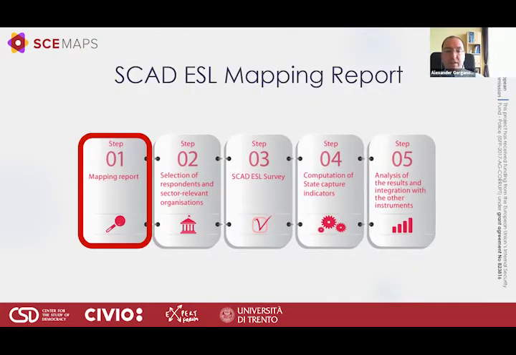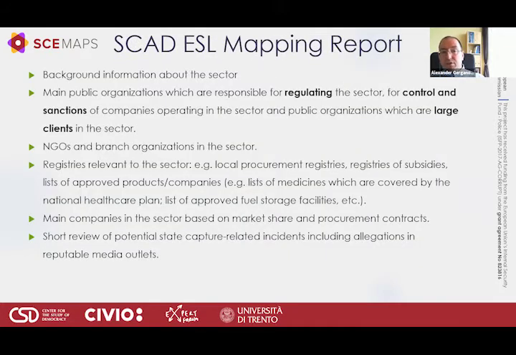The first step, the mapping report, basically involves gathering some information about the particular sector in the particular country where SCAT ESL is implemented. And the main thing is to list all the relevant public organizations. And by relevant, we mean organizations which can regulate the sector, which have control and sanctioning functions, and which are large clients in the sector, or invest a lot of money through public procurement.